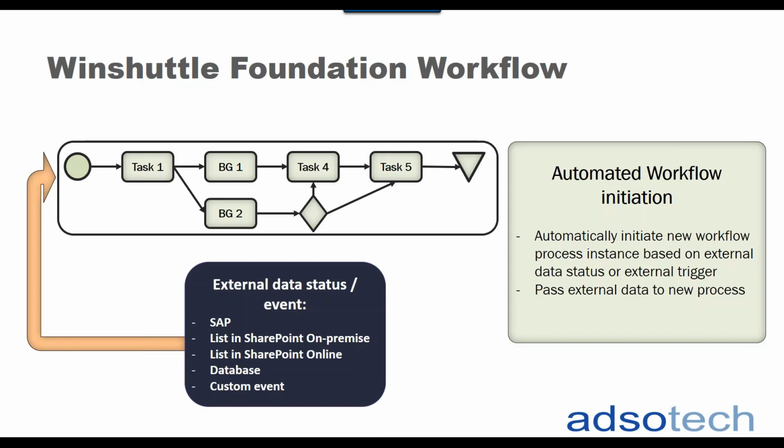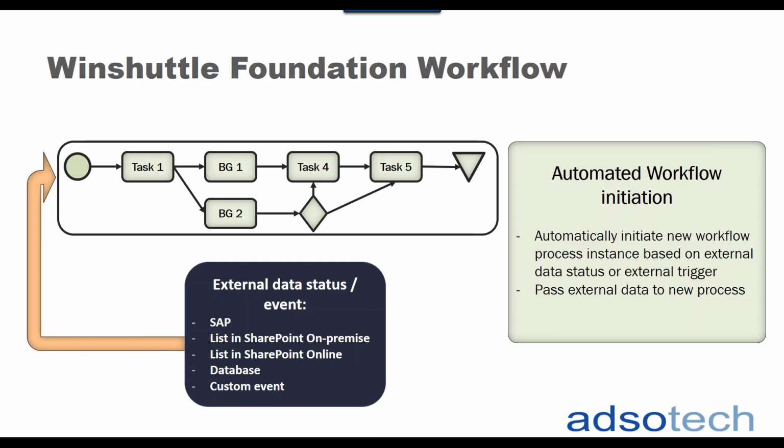One typical use is that you have something in SAP which triggers the workflow. So you have some new items in SAP in a specific status which trigger the workflow to start. You could have information in SharePoint lists, so you get a new item there, and that should trigger a new workflow instance.